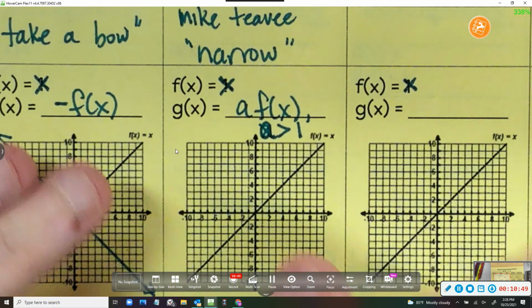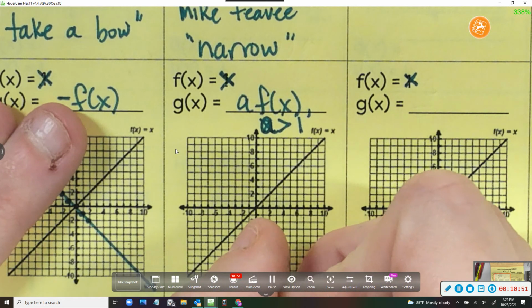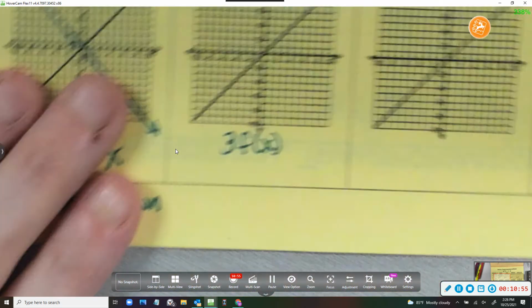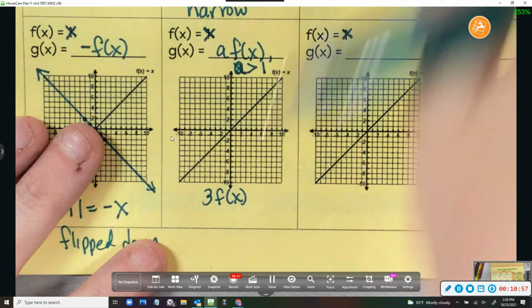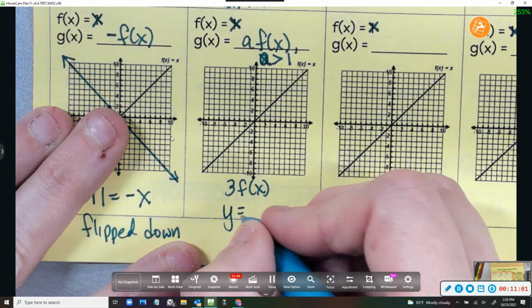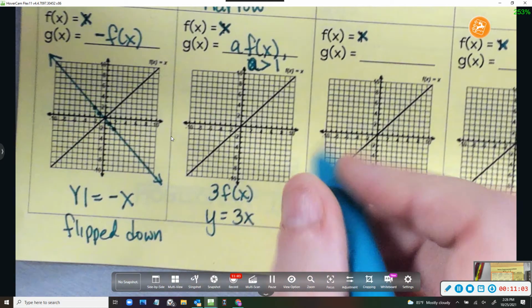So, what if I gave you 3f of x? How would I put that in my calculator? Y equals 3x. So let's put that in our calculator and plot some points. Let's see what we can see.